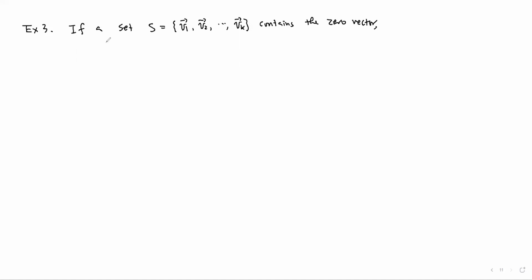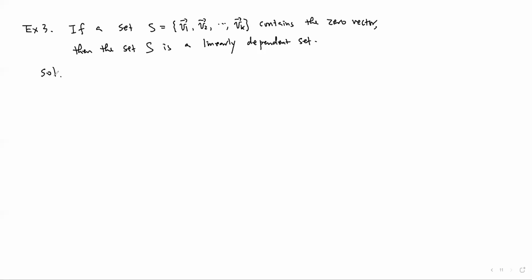Okay. Then the set S is a linearly dependent set. Whenever a set contains the zero vector, the set must be linearly dependent.